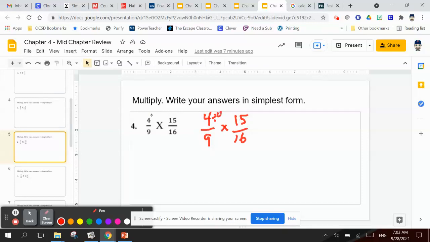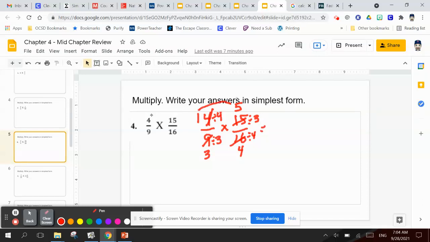So if I divide each, 4 divided by 4 is 1. 16 divided by 4 is 4. But 9 and 15 have a common factor, and it's not 9 either. 3 is a common factor. So if I divide each by 3, 9 divided by 3 is 3. 15 divided by 3 is 5.